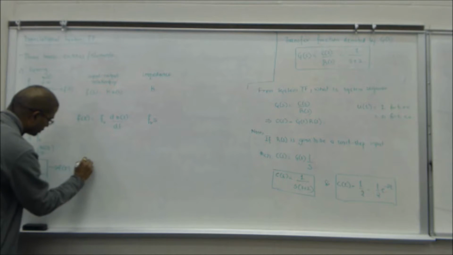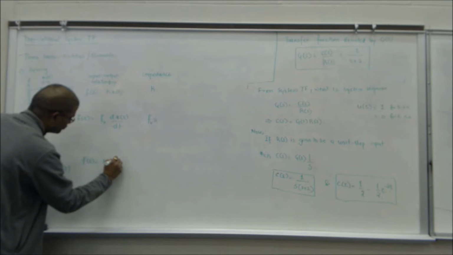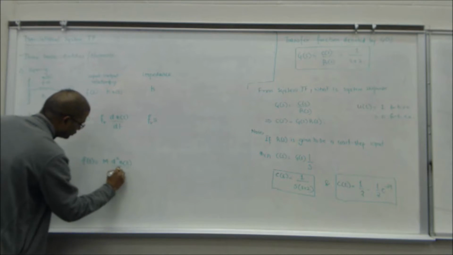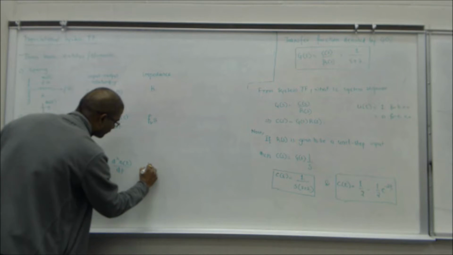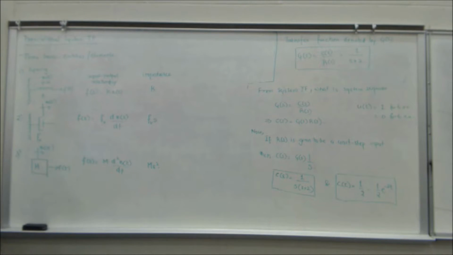The input-output relationship is F of T is equal to M d square X of T over dt square, and the impedance is M S square. Okay.